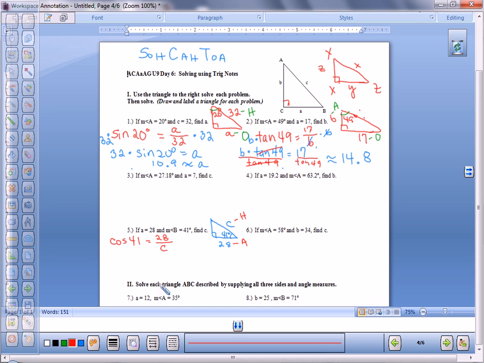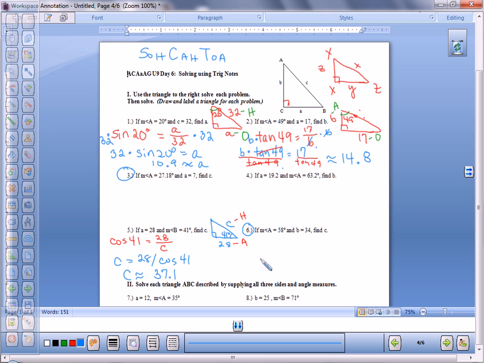And then we solve. Please solve. Okay, when you're ready, check your answer, and then I'd like you to try number 3 and number 6, please.